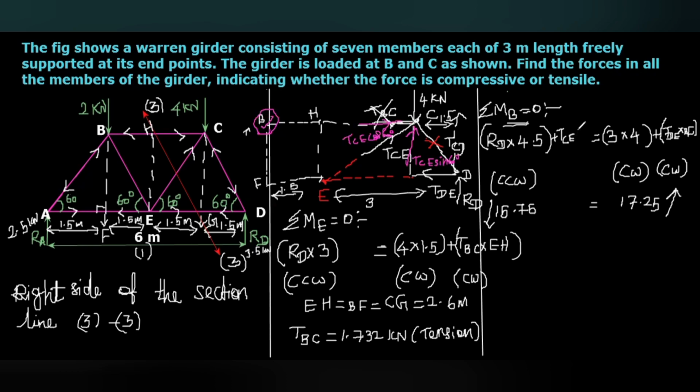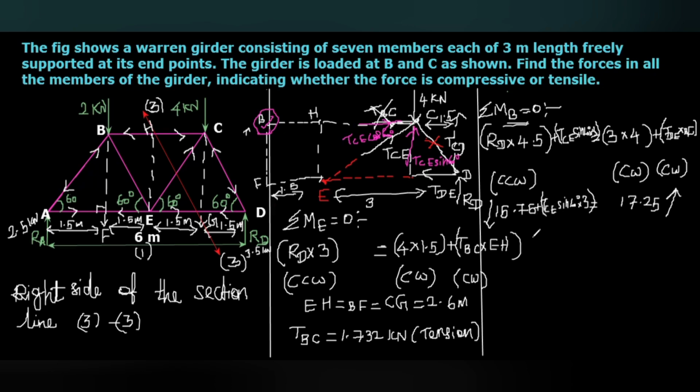That has to be added here. TCE sin 60 multiplied with 3. That has to be added in this direction. That means with this value plus TCE sin 60 multiplied with 3.